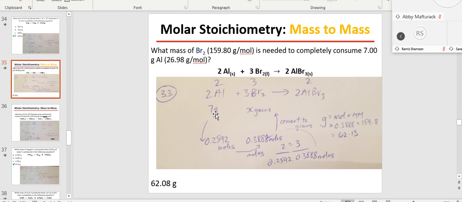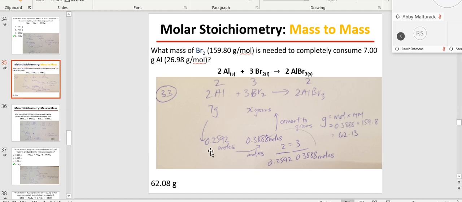You may be tempted to do a box. Don't. Because this is in grams, moles, grams. This one here, you have to convert to moles, which I've done right here.